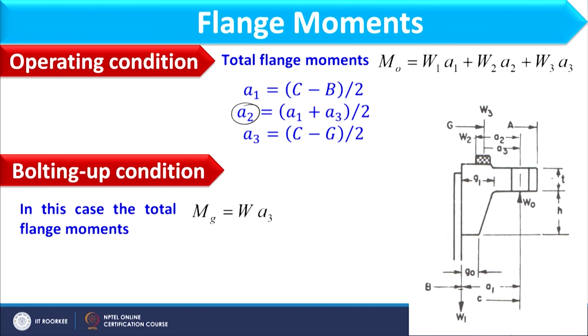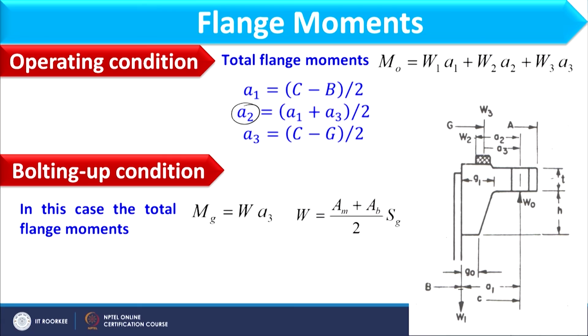In a similar line, for the bolting up condition, we have moment Mg, which is equal to capital W into A3, because the gasket bolting up condition will only consider the seating force, which acts A3 distance apart from W naught.